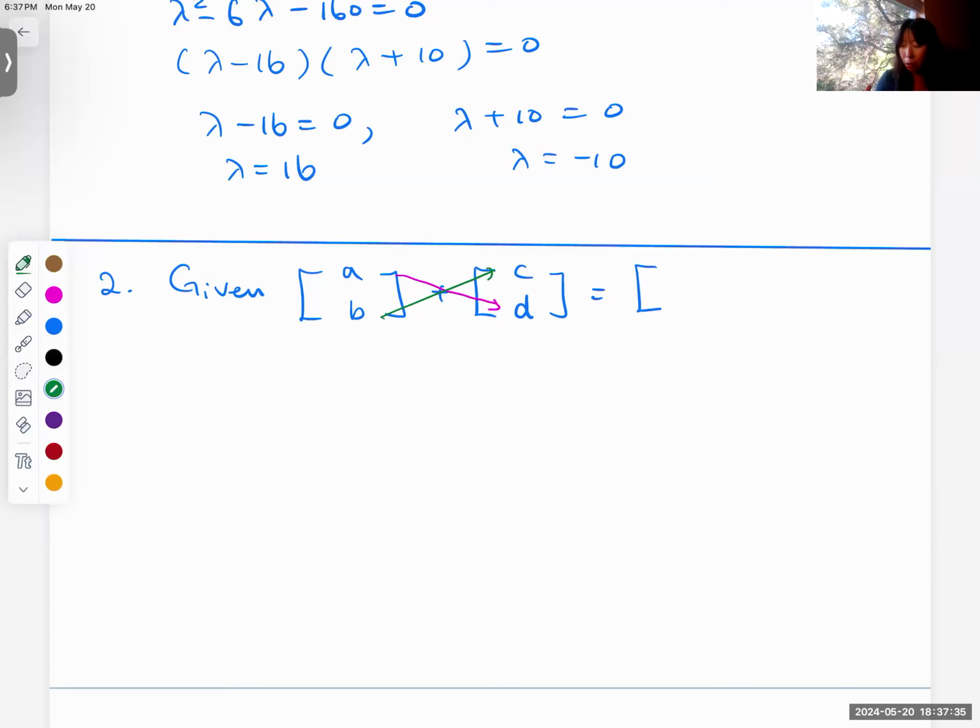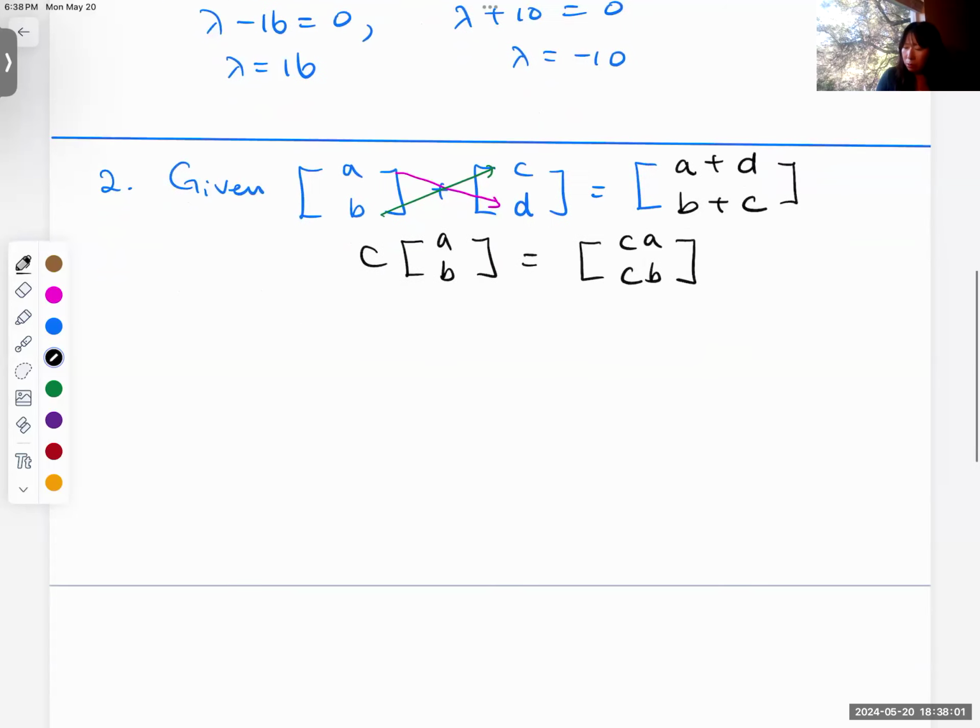So this is a particular problem. So we have A plus D and B plus C. And then for the scalar, we have AB, then this will be CA, CB.